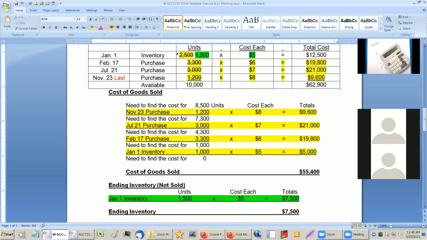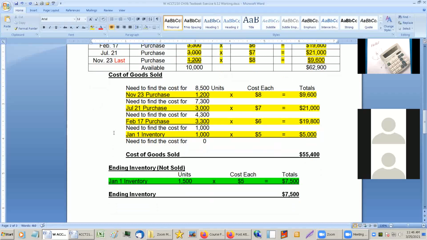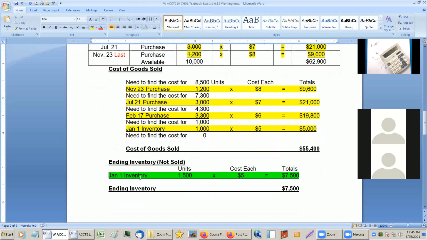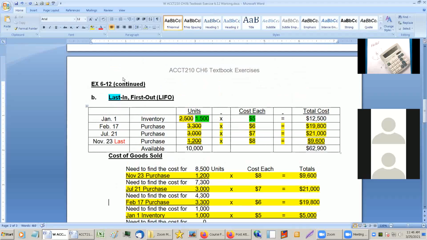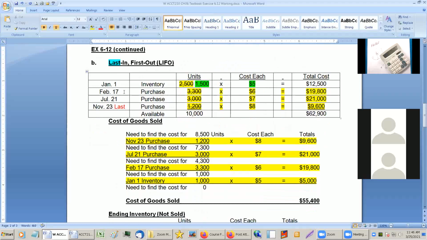This is actually only 1,000 that were sold in that layer. That 1,000. Okay, so that's last in, first out.